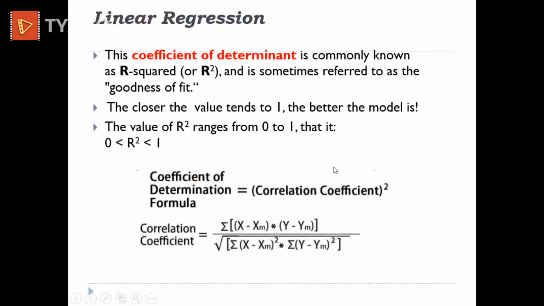The third metric, which is used to determine the efficiency of your model, is the coefficient of determination. It is also known as R square, and is sometimes referred to as the goodness of fit. What does this term goodness of fit mean? It implies that the closer the actual points are to your predicted model line, the better the regression model is, meaning the better the efficiency of your model.